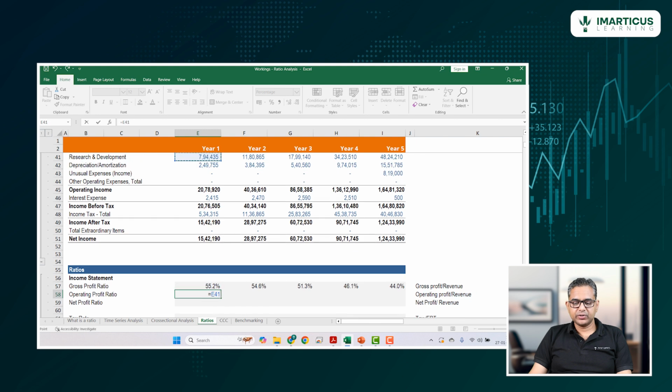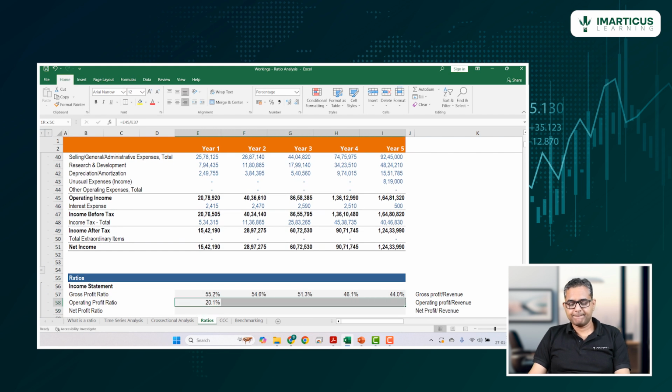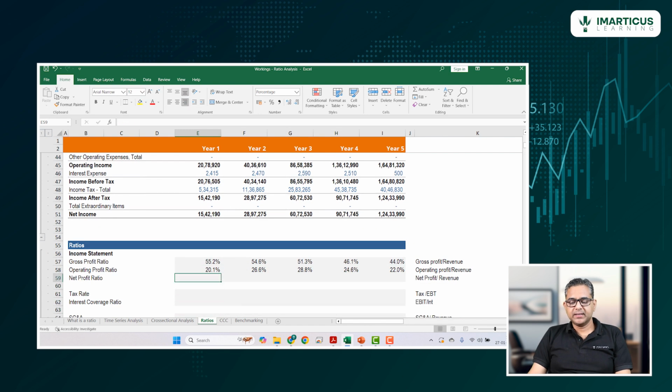Operating profit ratio is operating income upon revenue. This is more or less similar, going up then going down, but staying close to the 20-25 range.